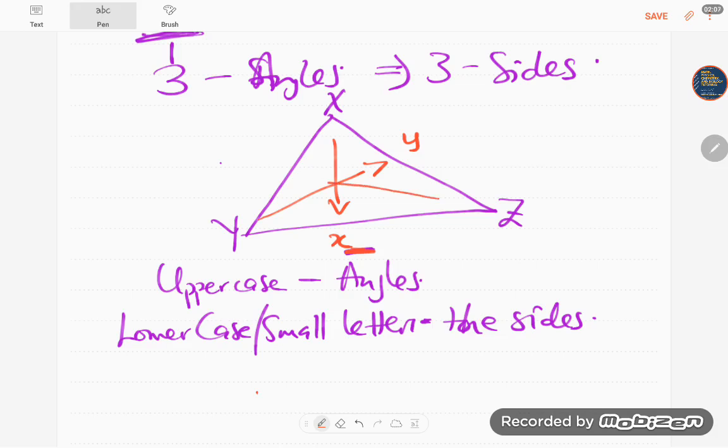And this side here is opposite Z, so that becomes small letter z. This is the way we denote sides for all the other theories we're going to use. Notice how the sides and angles pair up.